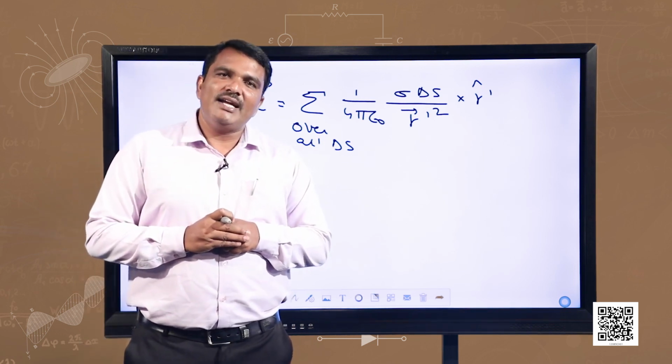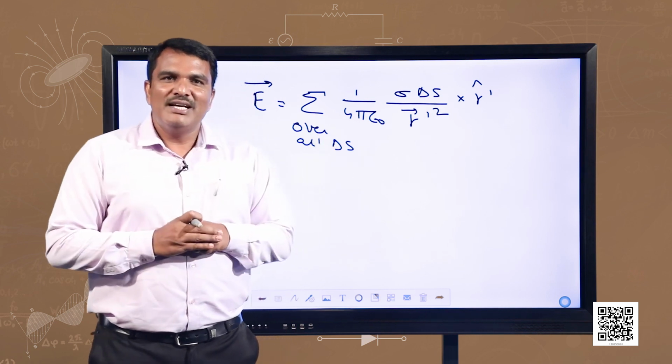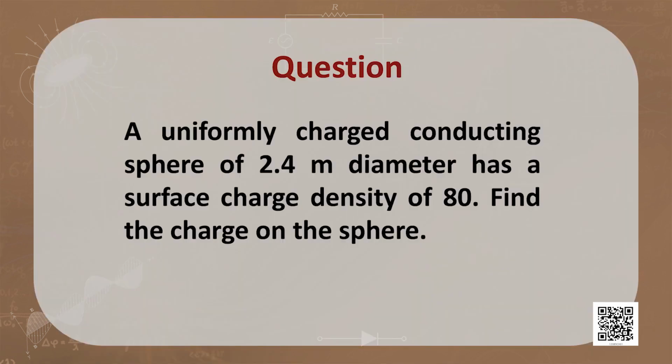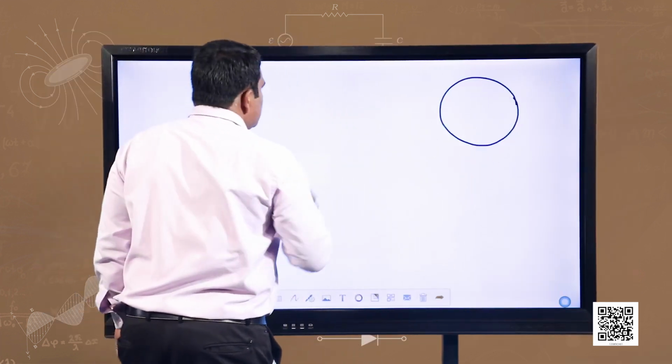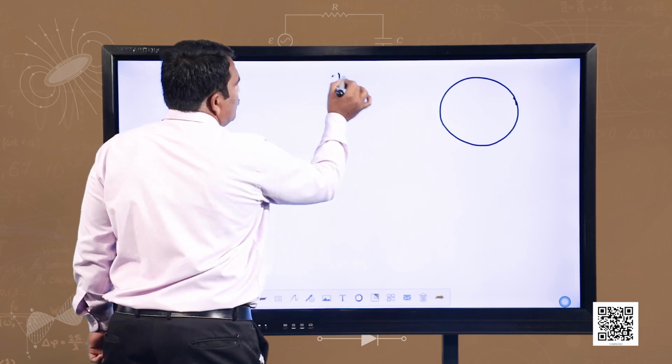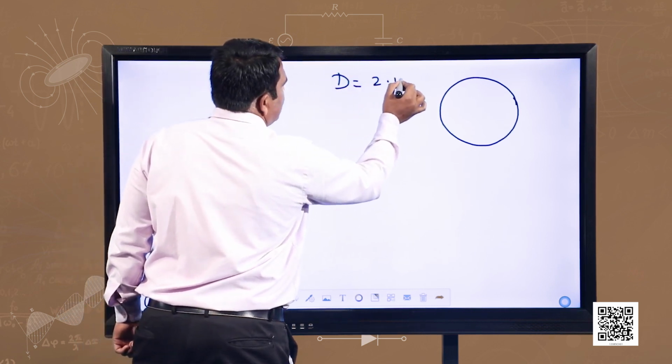Now, let us try to solve a problem based on surface charge distribution. A uniformly charged conducting sphere of 2.4 meter diameter. So, you are given a conducting sphere which is uniformly charged and its diameter is given to you as 2.4 meter.